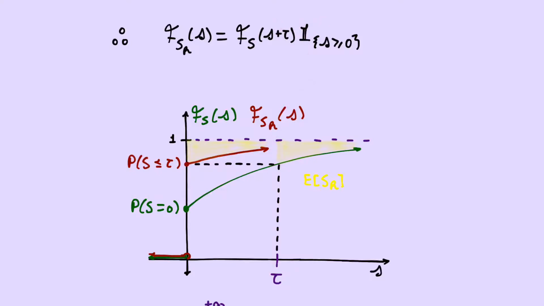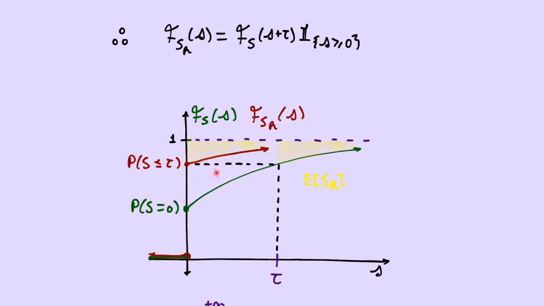What you are doing is taking this part of the curve that is from tau to infinity, and taking this distribution function to the value of 0. It's just like a relocation.